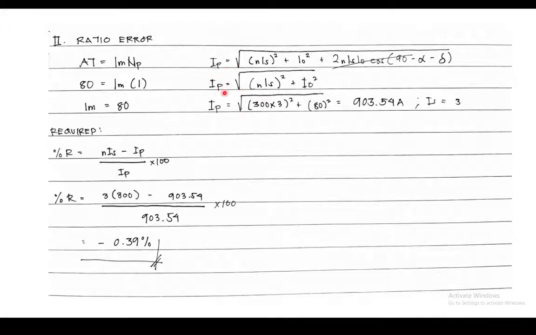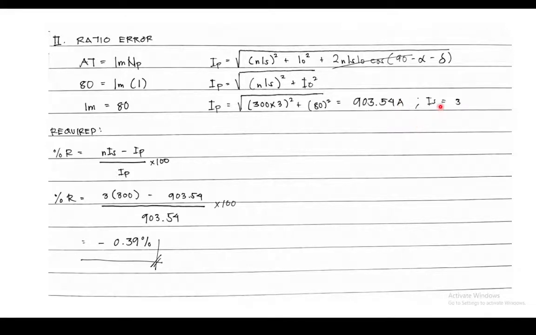The primary current is equals to square root of NIS squared plus I naught squared. So, substituting the values, we get square root of 300 times 3 squared plus 80 squared, square root siya, will be equivalent to 903.54 amperes.